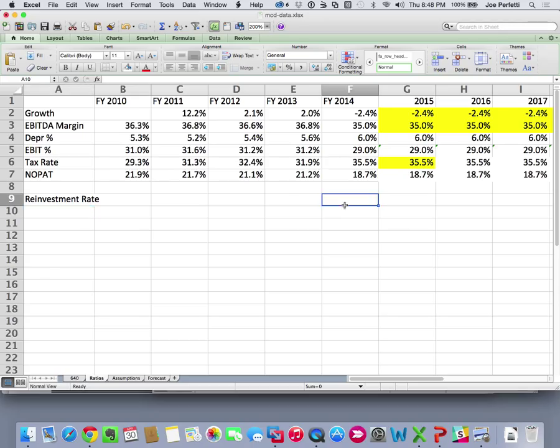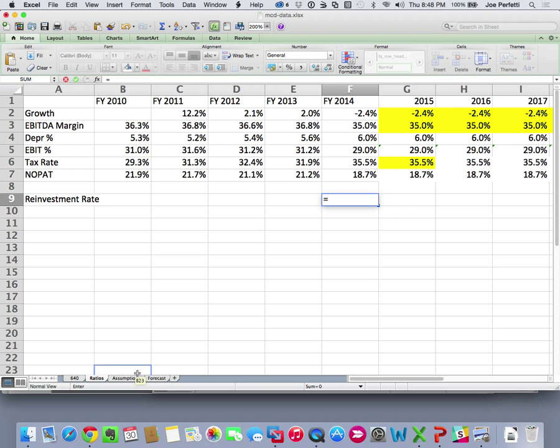What is the reinvestment rate in 2014? What did we say reinvestment rate was? The percentage of the profits that were reinvested into the balance sheet, in the capital, therefore the CapEx and the working capital. Does that make sense?